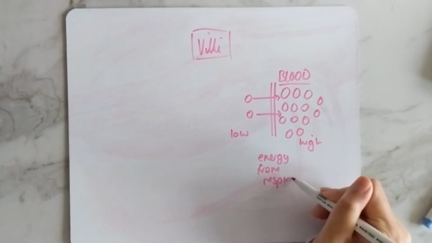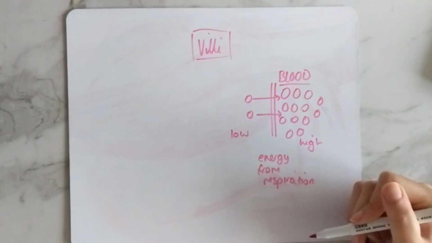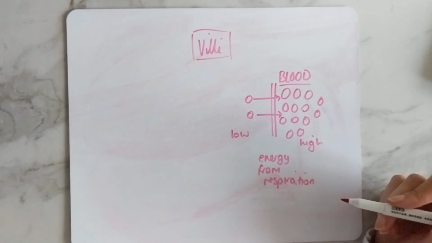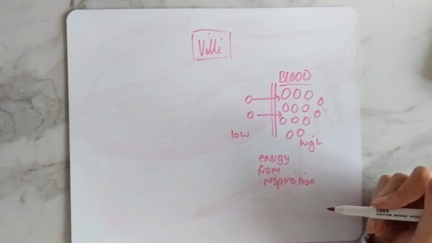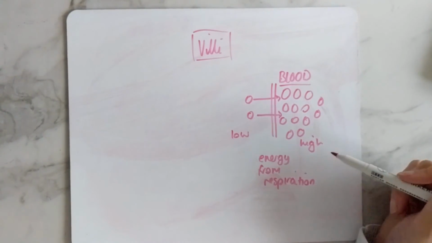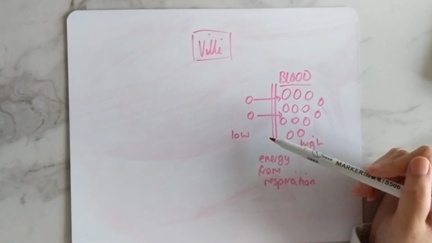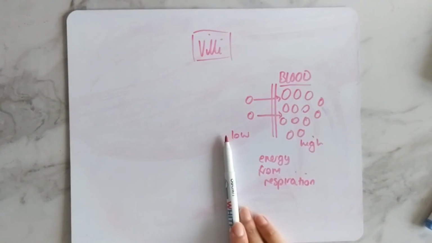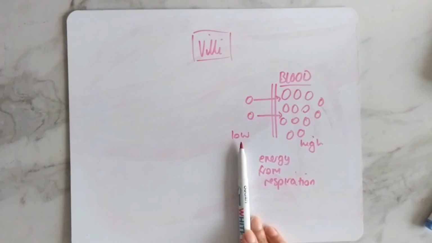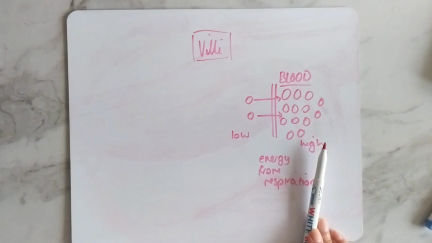So you can see, even though there's lots of nutrients in my blood already, the body isn't going to not take up any more. It's going to keep taking up as much as it can. Therefore, it will do this via the process of active transport, where it can push the nutrients across into the blood from a low concentration to a high concentration.